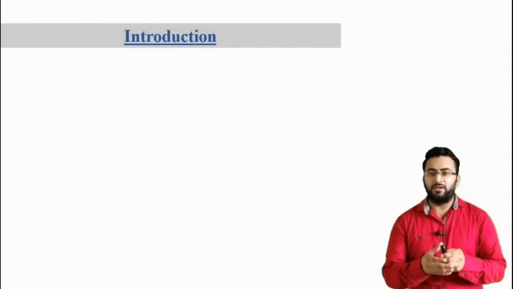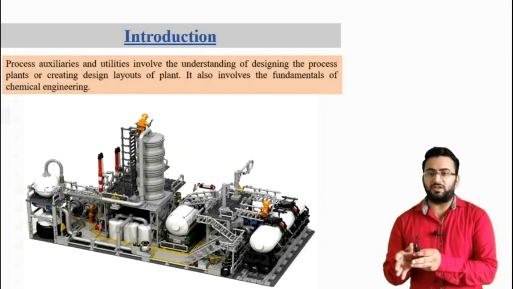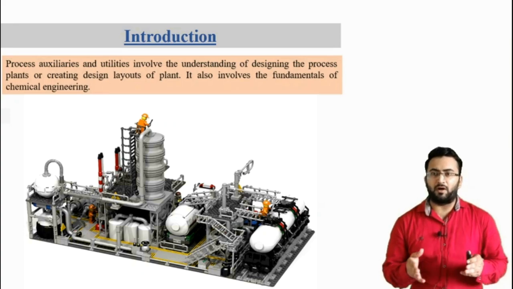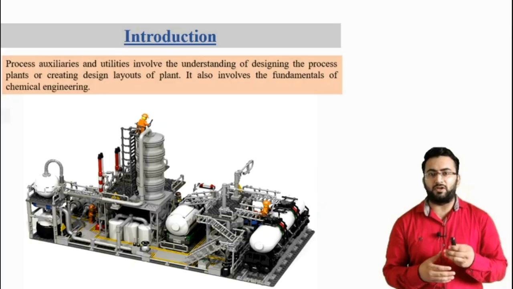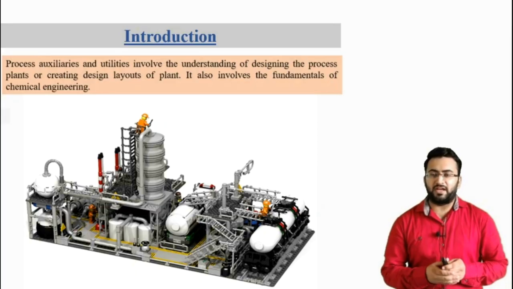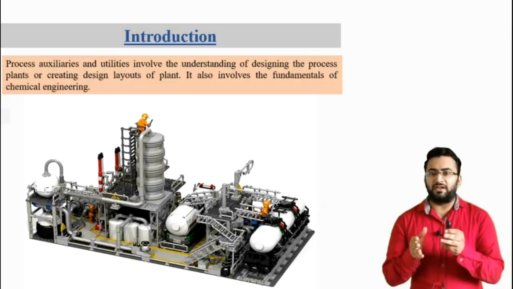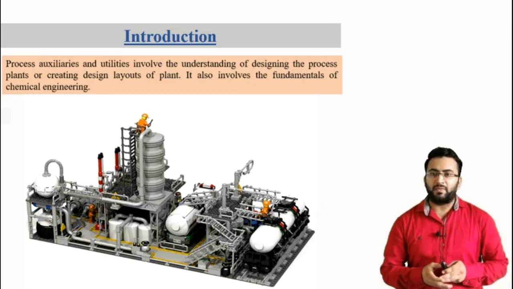In the chemical industry, process auxiliary and utility involve the understanding of designing the process plant or creating the design layout of the plant. It also involves the fundamentals of chemical engineering such as designing of plant layout, designing of flow diagram, and basic considerations in development and designing of the process.